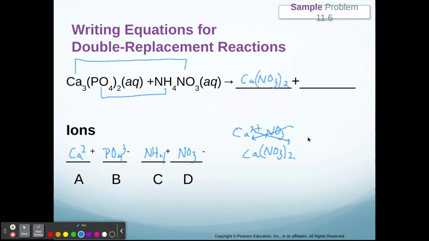Like so. And our CB is NH4 plus, and our phosphate, okay, 3 minus. The 1 goes over there, and the 3 goes over there. So it's (NH4)3PO4. So that's your final compound. That's your CB.